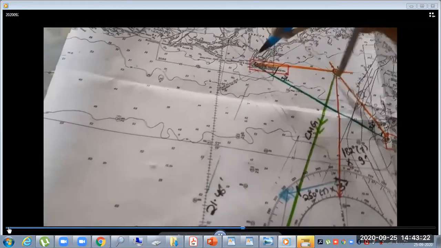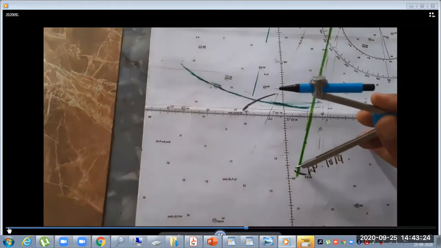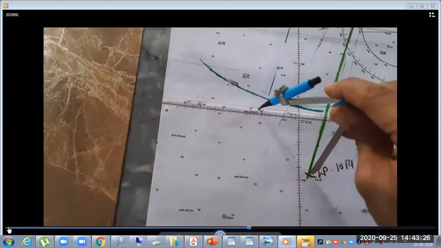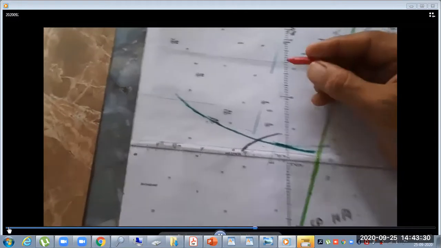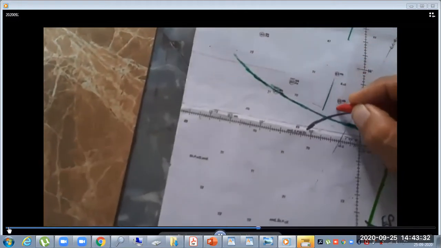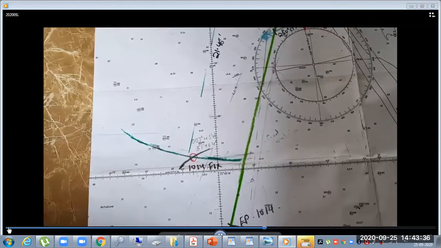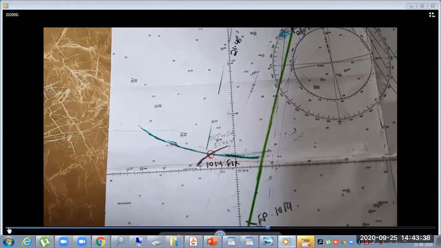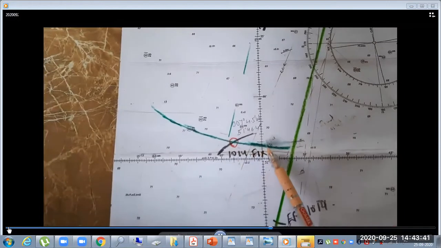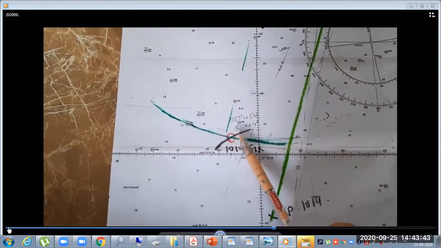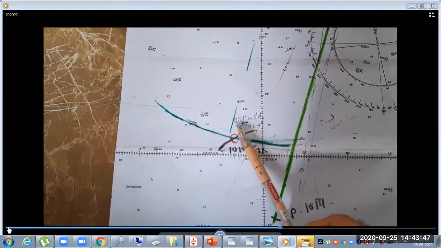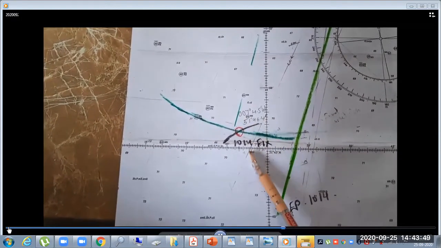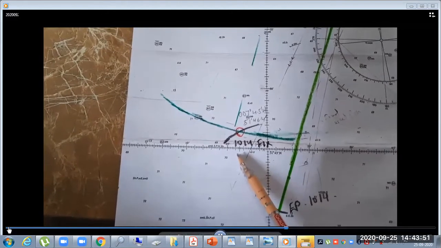From the EP we transfer this, and we get the vessel's position. We measure this fix, which you can see from here: 51 degrees 46.4 north and 007 degrees 4.5 west.